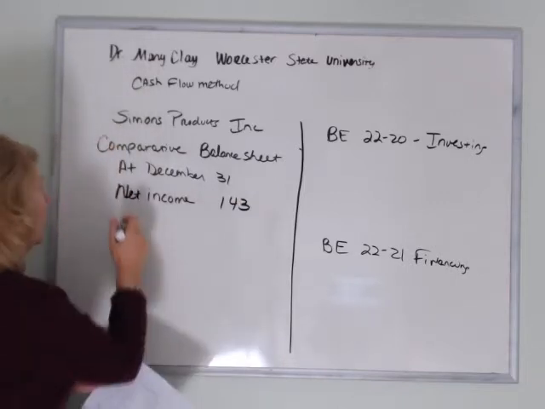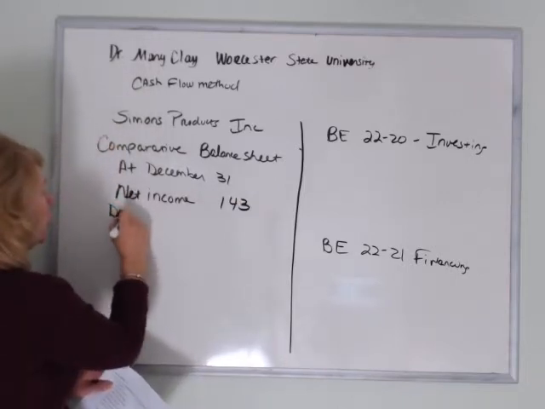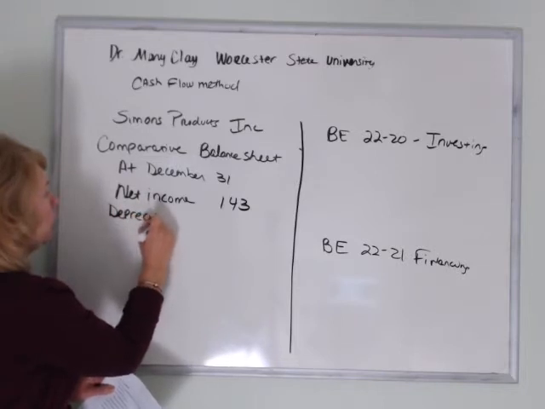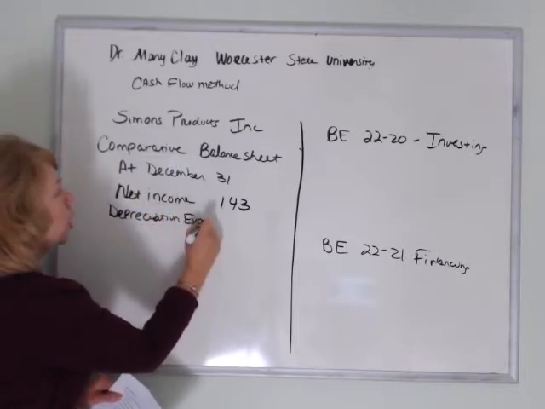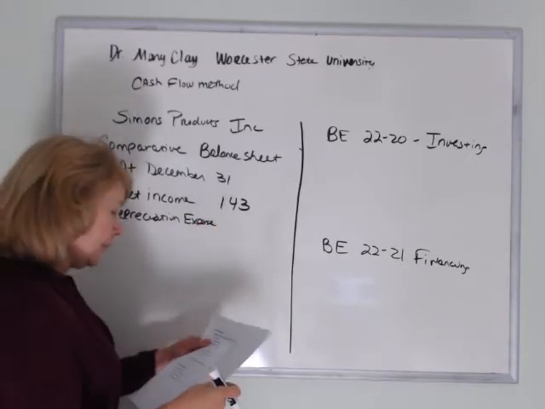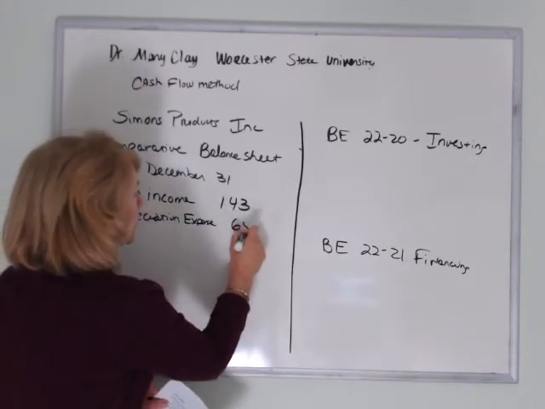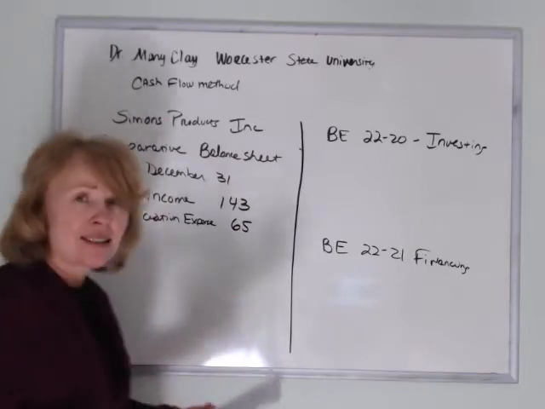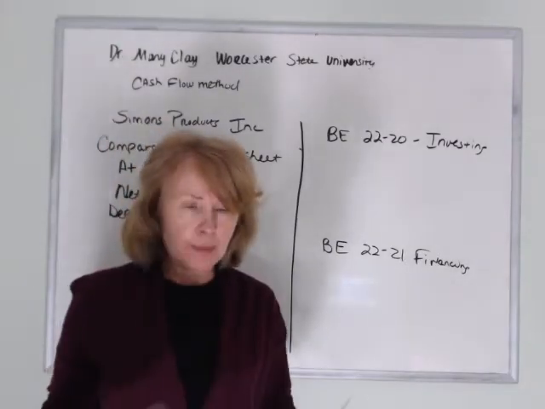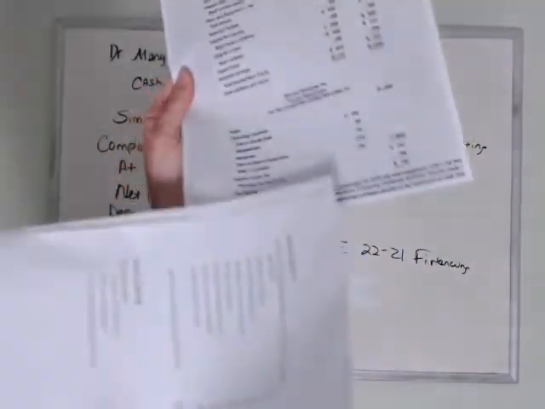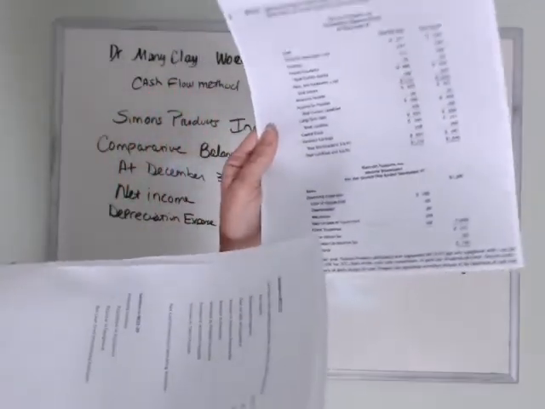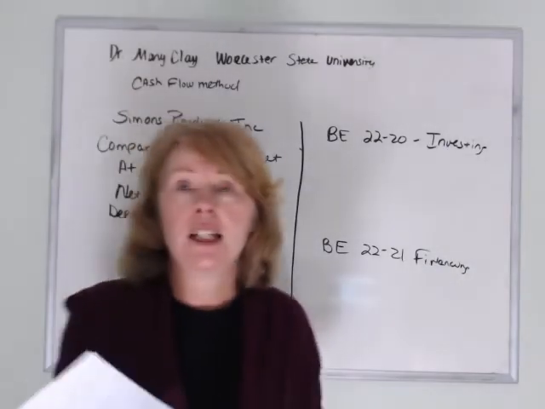Then we look for depreciation expense. Remember, we're going to find that on the income statement. We will always add that back in. Depreciation expense. Next, go to the income statement. Look, this won't be on every one, but I'm looking at the income statement, and here's what I can see. Gain on sale of equipment.